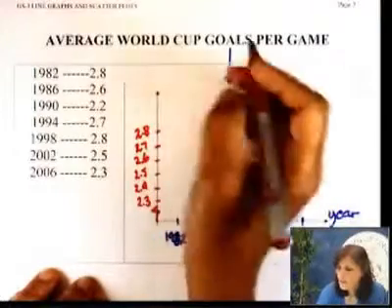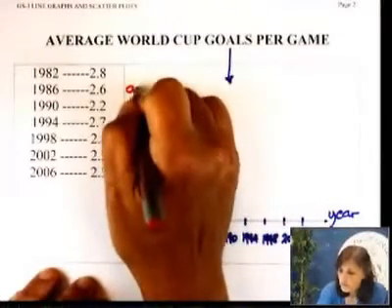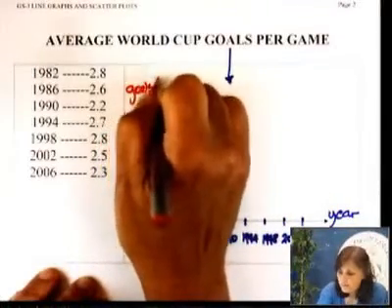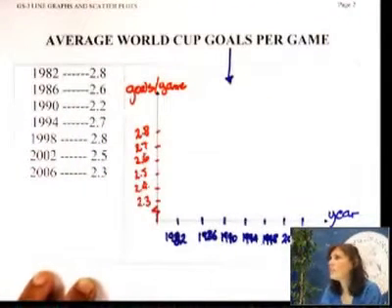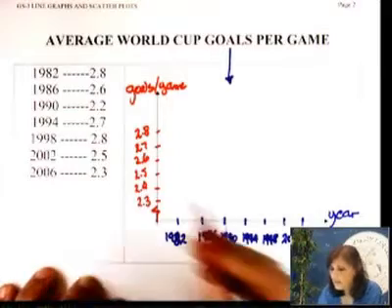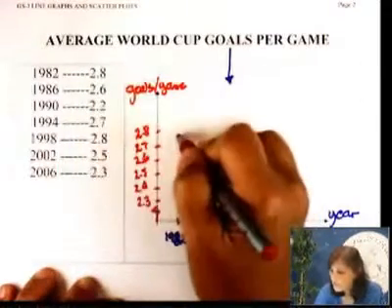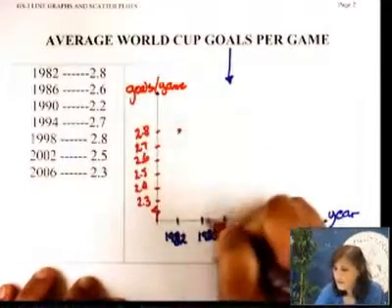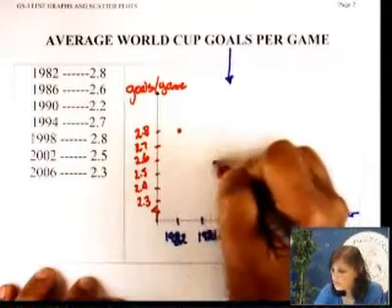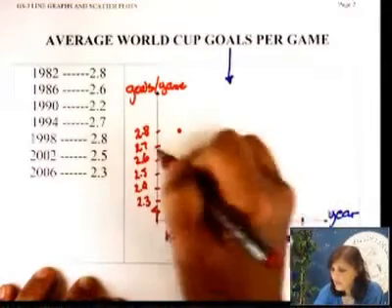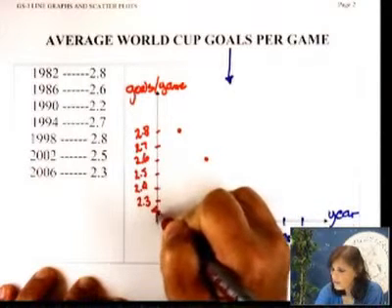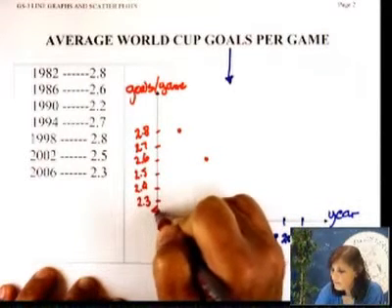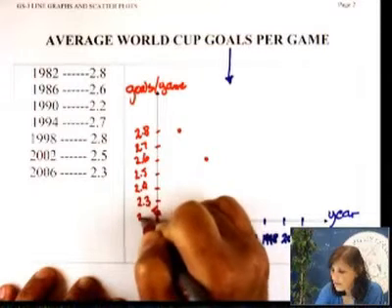And this one is goals per game on average. So that's a statistical number, that's why it's a decimal. 1982 is going to be 2.8. 1986, 2.6. 1990 is 2.2. Oops, I just realized I shouldn't have broken it at 2.2 right here.